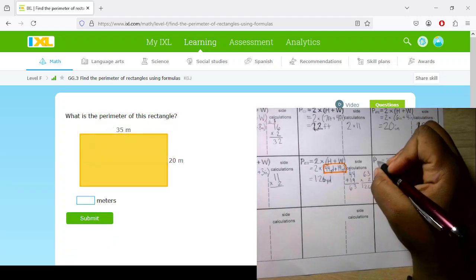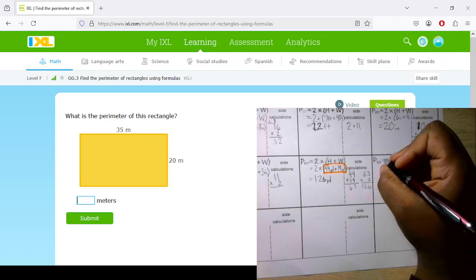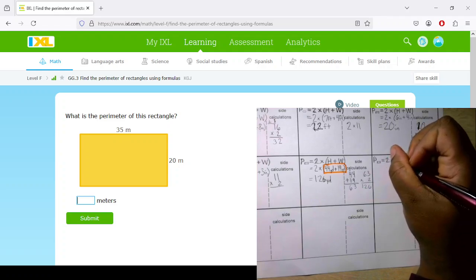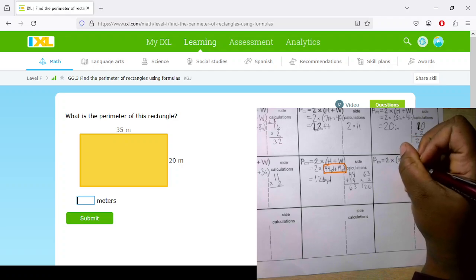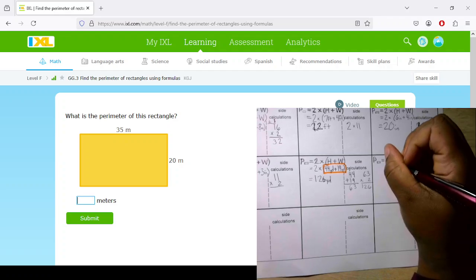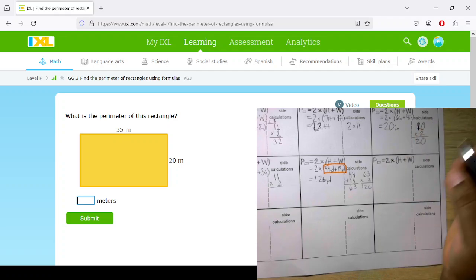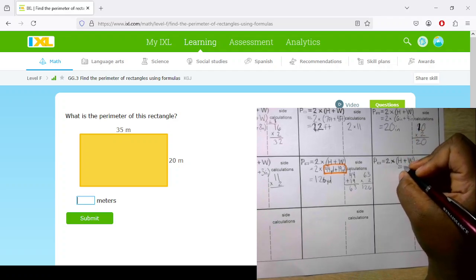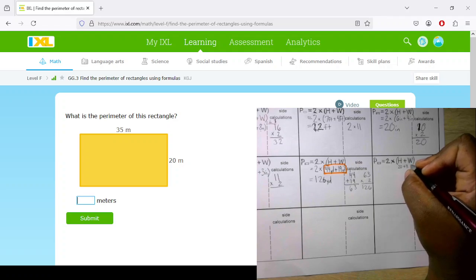The perimeter of a rectangle is calculated by adding up the height and width of every side. So I'm going to add up the height and the width and then double it. That's why I will multiply by 2. The height of this rectangle is 20 meters and the width of this rectangle is 35 meters.